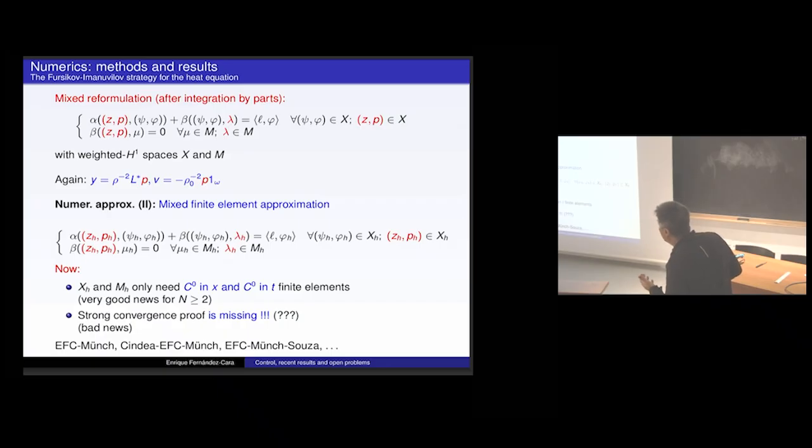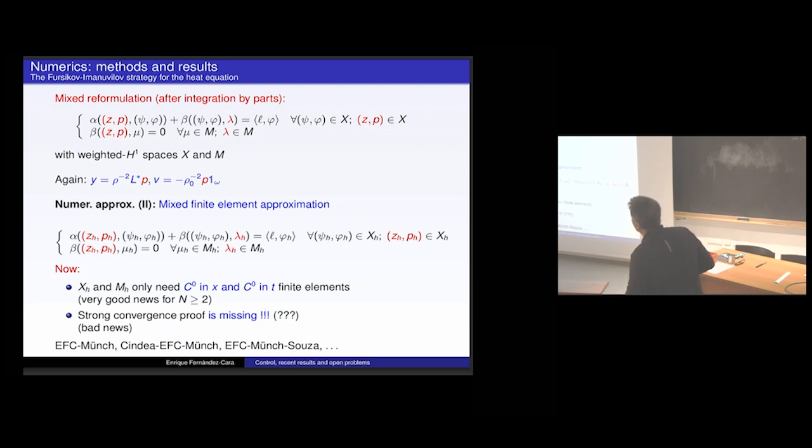The second possibility, as I have said, is to use a mixed reformulation of the Lax-Milgram problem. This is well known in the case of the Stokes approximation. You rewrite the Stokes problem in the mixed sense, introducing the pressure, not forgetting the pressure, and then you approximate U and P. Well, this can be done also here.